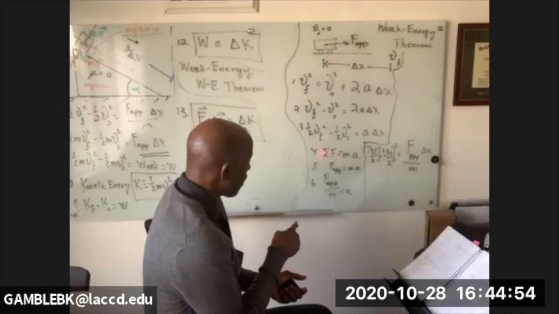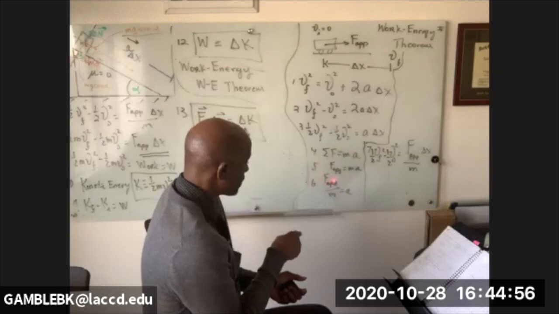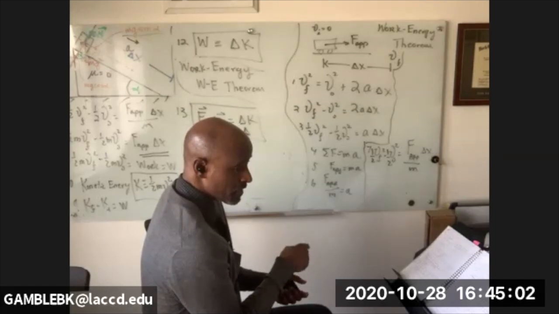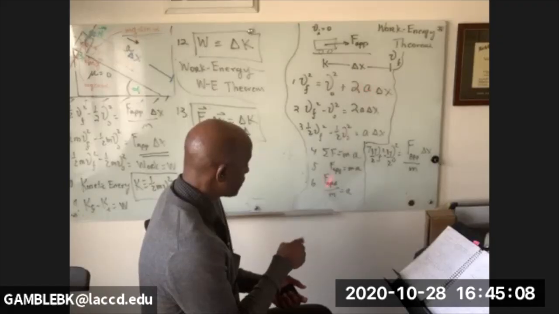If I solve Newton's second law for the acceleration, the acceleration is equal to the net force divided by the mass of the object. So I just took that and substituted it into the equation of motion. I substituted F over M for A. That's where I got confused.